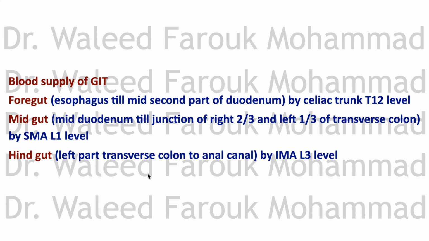So this summarizes the blood supply of the GIT, and for you not to get confused, if you forgot the blood supply of a part of the GI, remember these facts and you will be able to detect the branch that you're asked about. So this concludes the lecture about the liver.